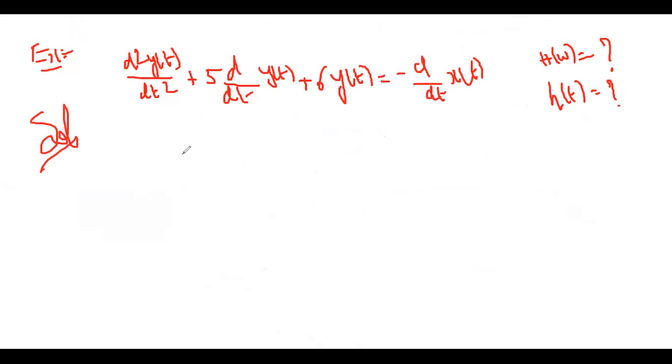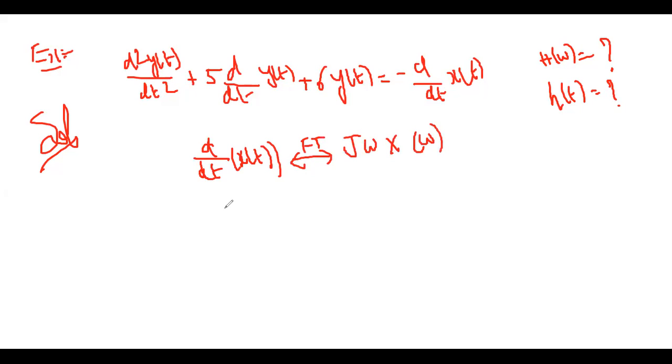So we know the derivative d by dt of x of t, upon the time differentiation property, the Fourier transformation is j omega into X of omega.